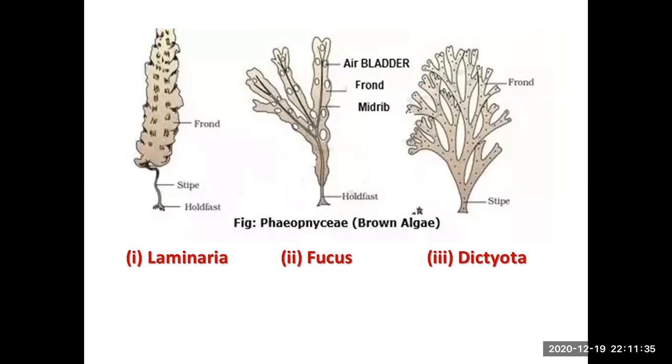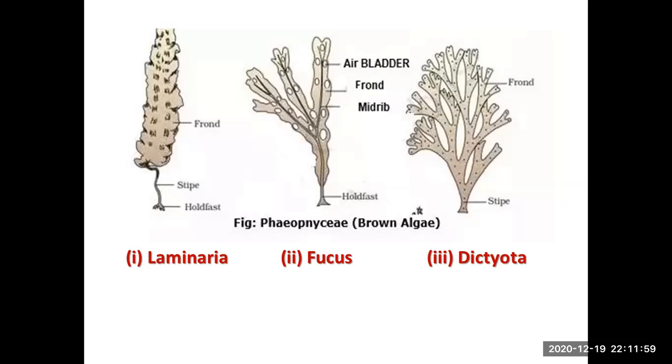The common examples for brown algae are Laminaria, Fucus, Dictyota. The brown algae body is divided into three parts: holdfast, stipe, and frond. Holdfast is used for attachment of algae to substratum.